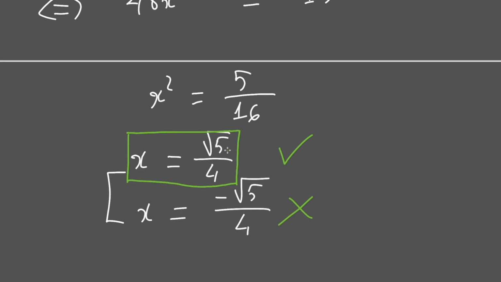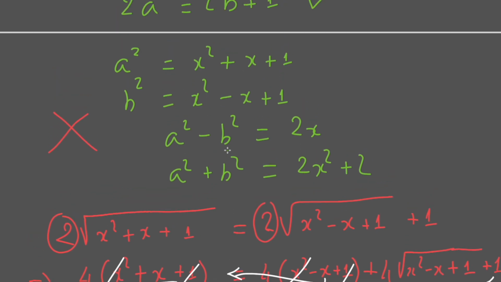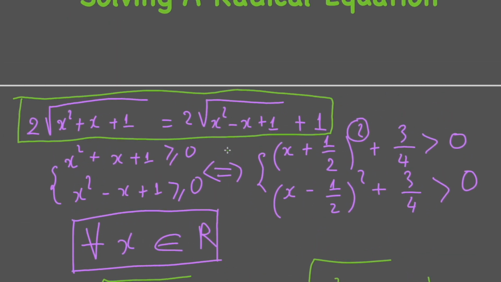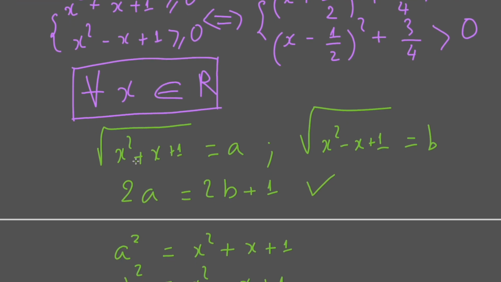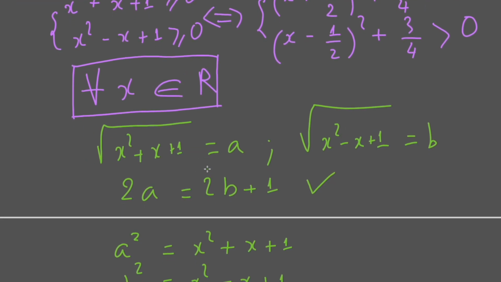So the lesson of this problem is that not every radical equation can be solved with the substitution variable method. You can see that in this case you cannot do it this way.